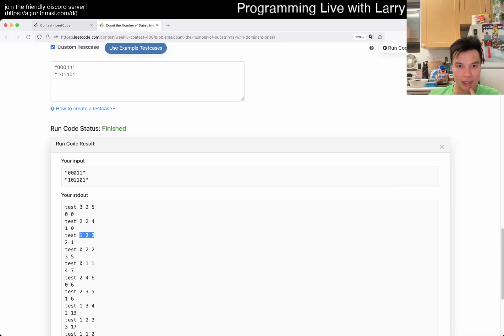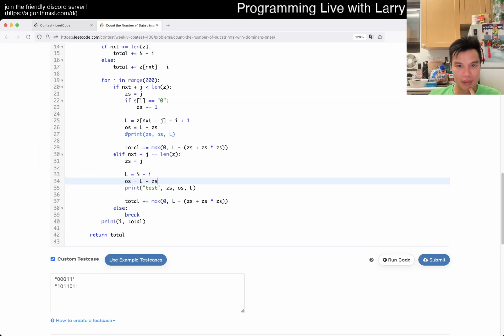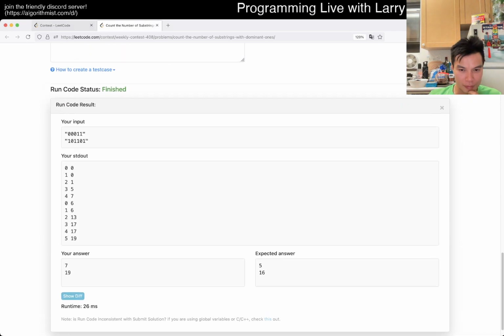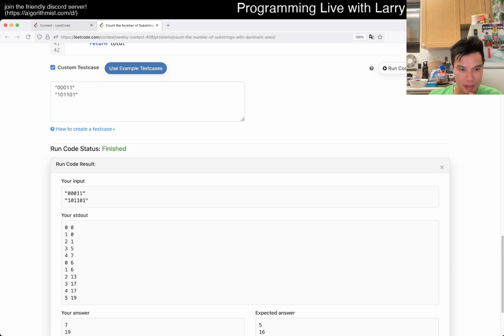That's right, at least. But then I think this formula is not right. Okay, 0, 0, 2, you have 1. No, this should be 2. So this is definitely wrong.